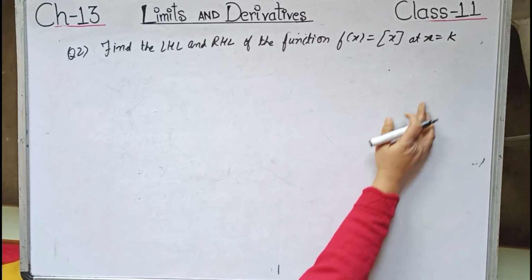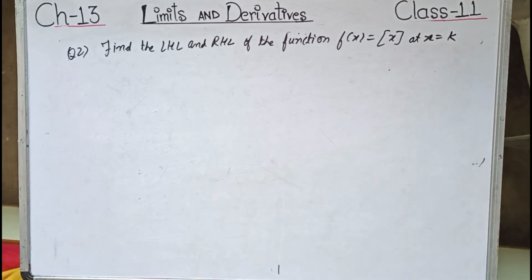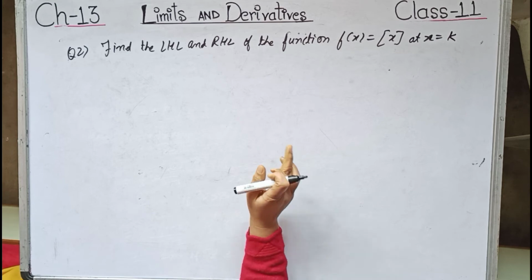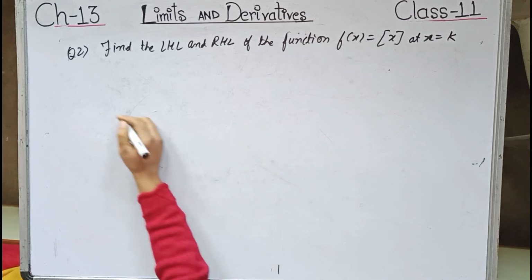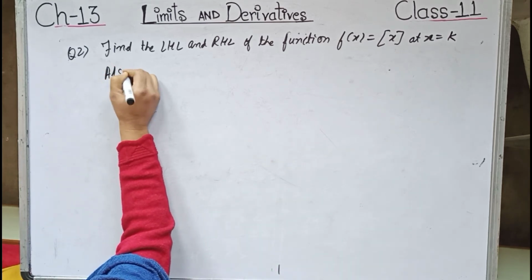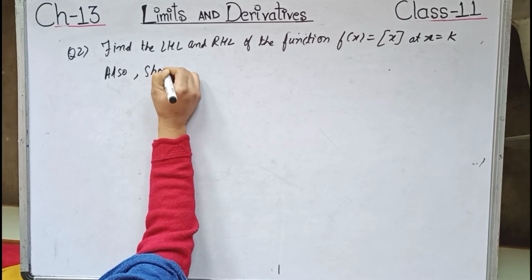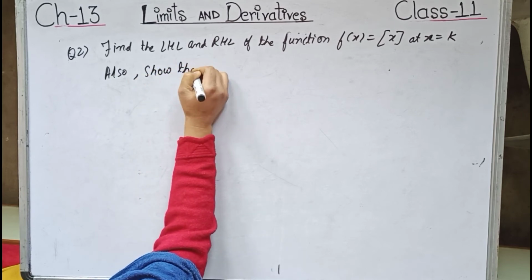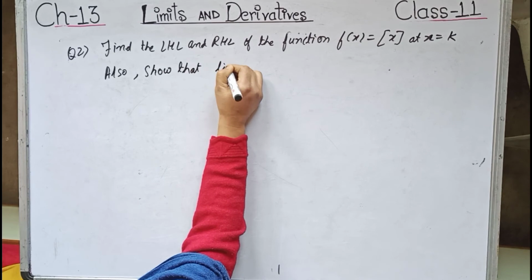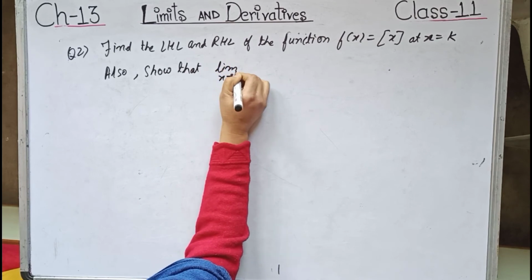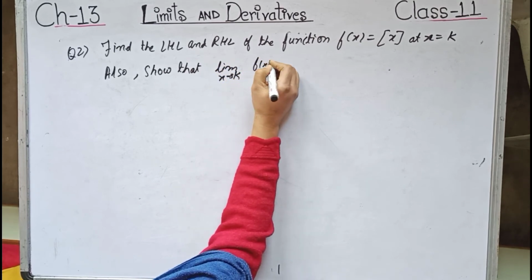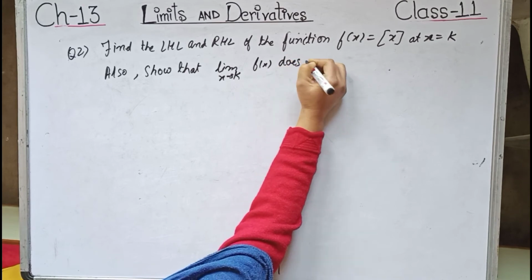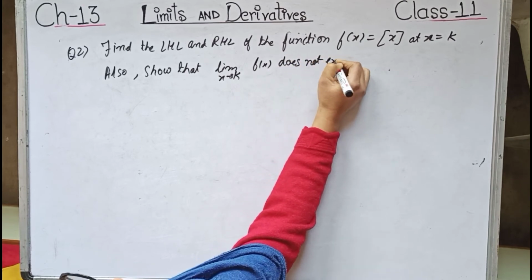Now take care, over here the point is not specified, a general point x is equal to k is written. Also show that limit x tending to k f(x) does not exist.